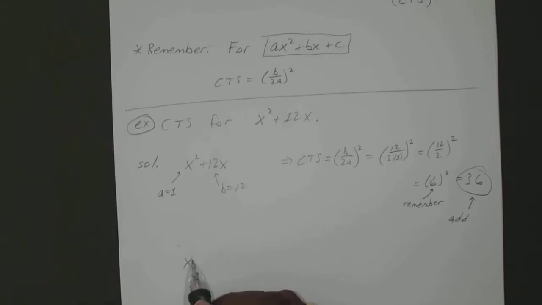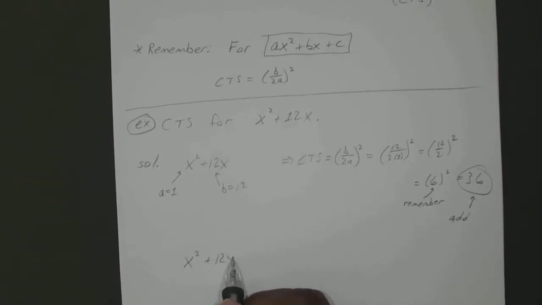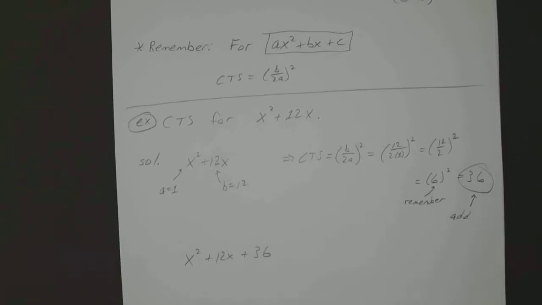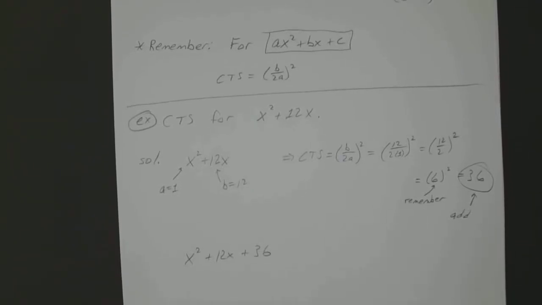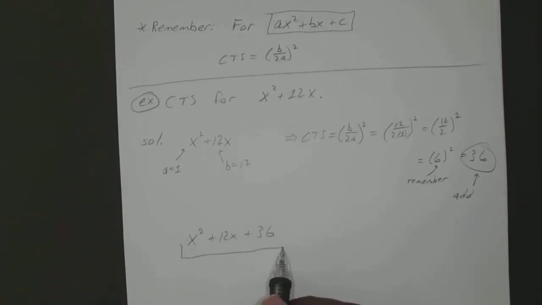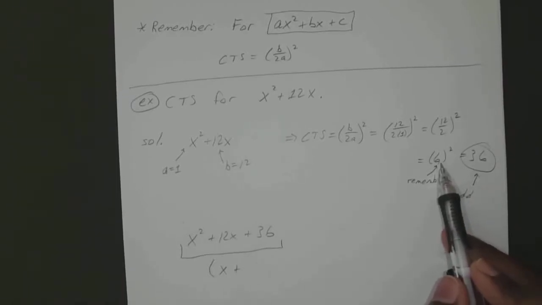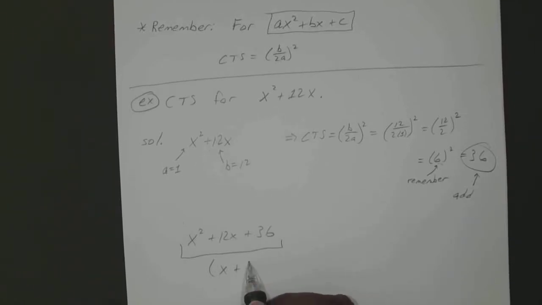So that means if you have x squared plus 12x plus 36, you now turn this into a perfect square trinomial. Because now this becomes x plus 6, that's why I wanted you to remember that value, squared.